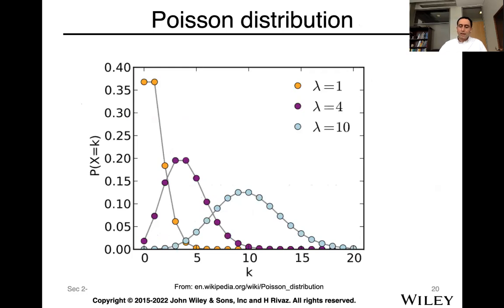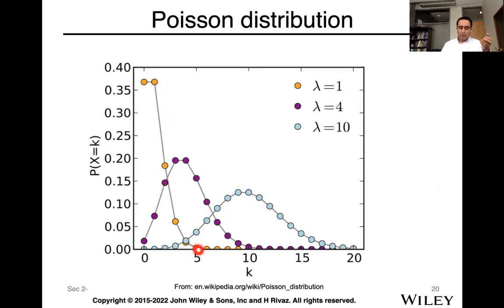Okay. So this is how the Poisson distribution looks. For lambda equal to 1, that means that per unit length, I only have on average 1, let's say, flaw in my wire. This is how the distribution looks. As you can see, it drops very fast.